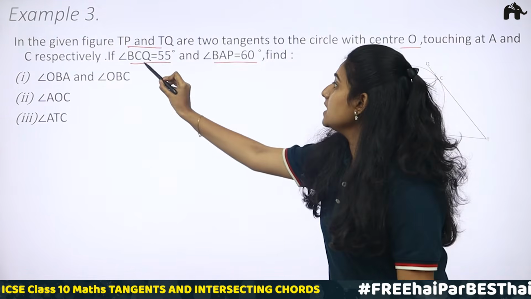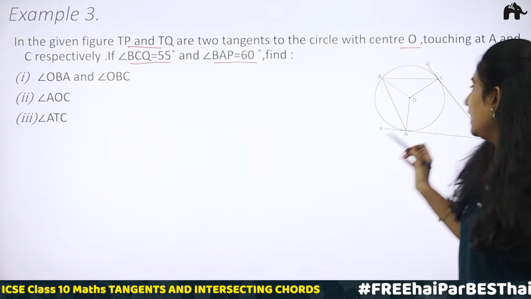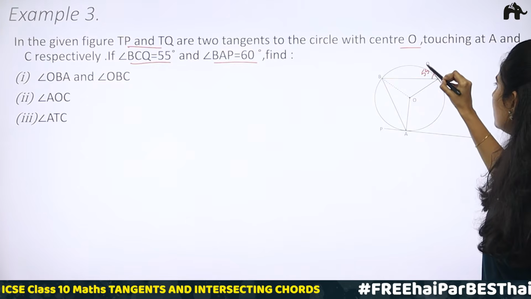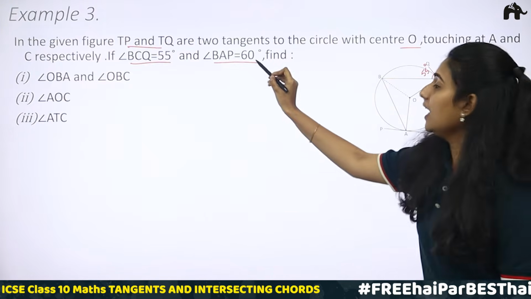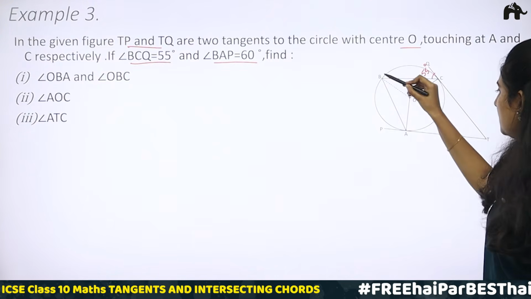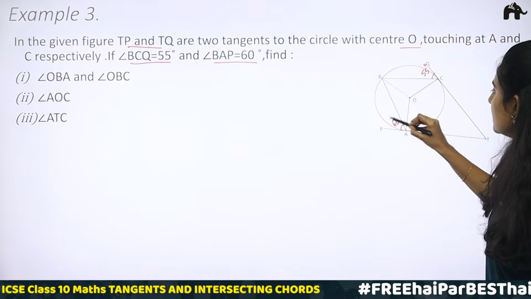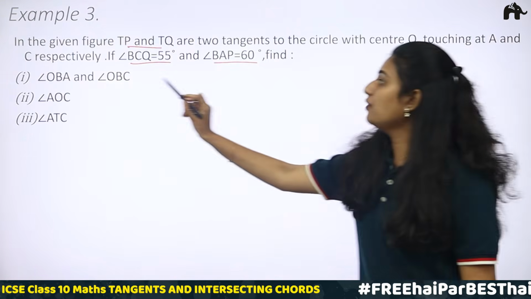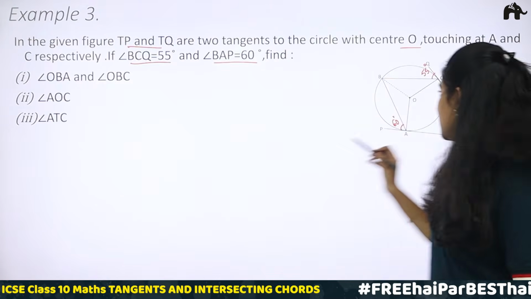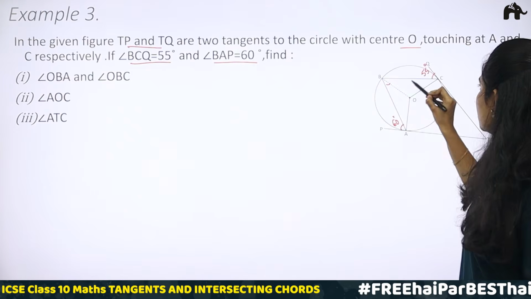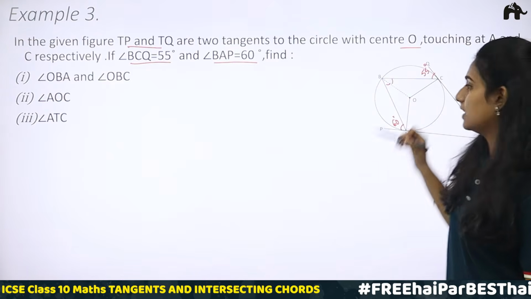Here BCQ, this angle, is 55 degrees. Then BAP, this angle, is equal to 60 degrees. First we have to find OBA, this angle, and OBC, this angle.